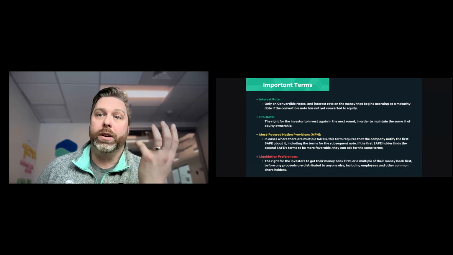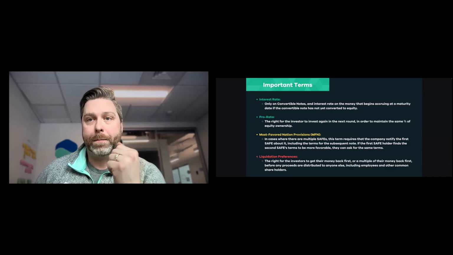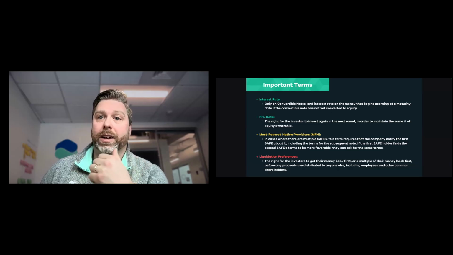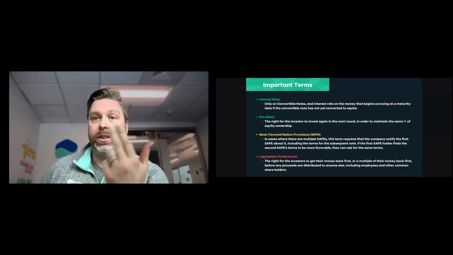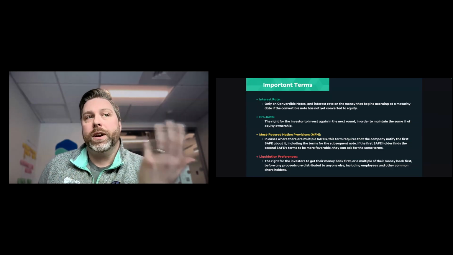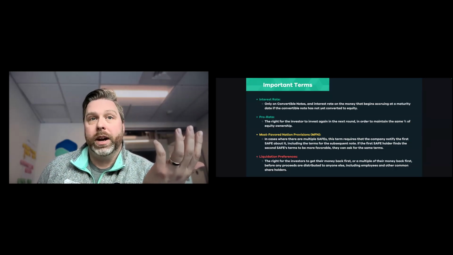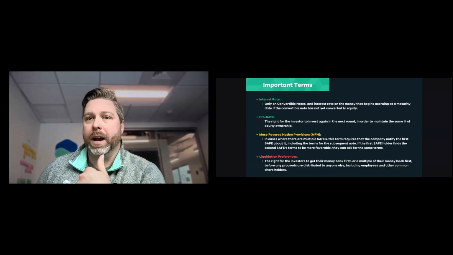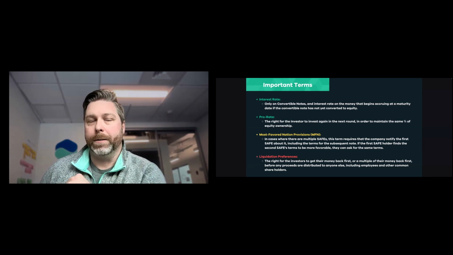Basically, this is the right for an investor to get a multiple on their money back before any of the common stock gets paid out. And the common stock is the founders, the employees, the stock options, the team that's putting in the blood, sweat, and tears. So if an investor invests 25 million and they have a 2x liquidation preference, that means they need 50 million back before anyone on the team gets paid out.